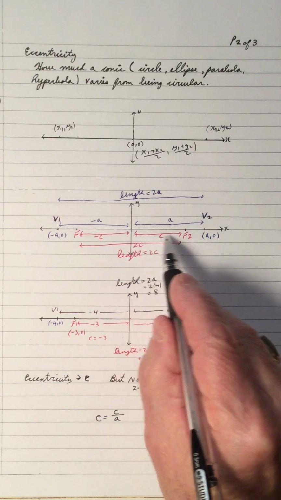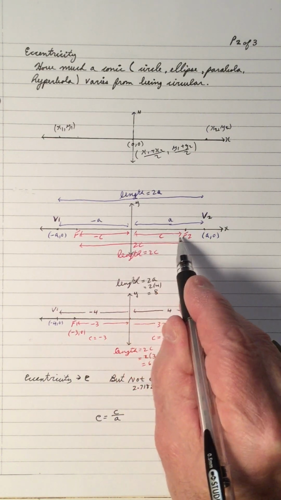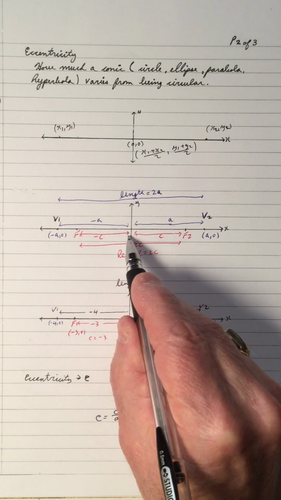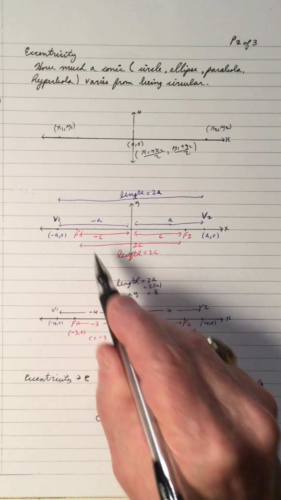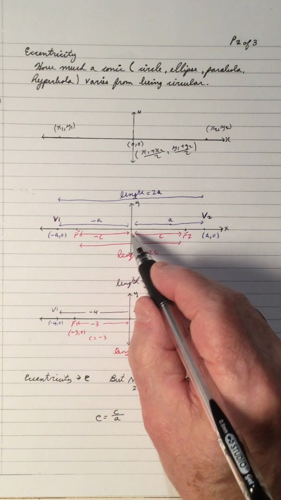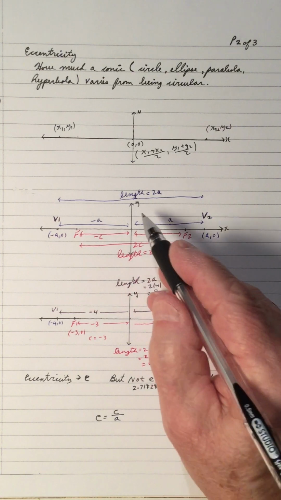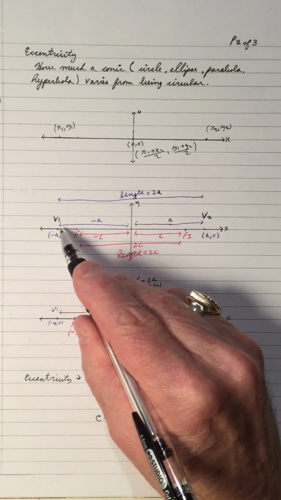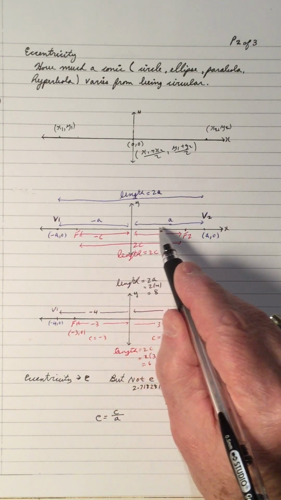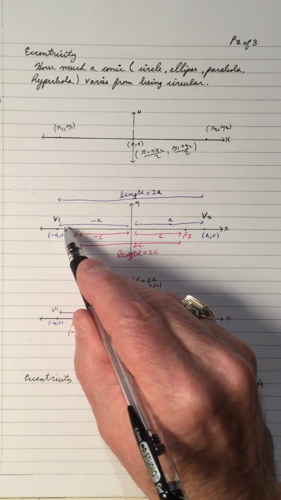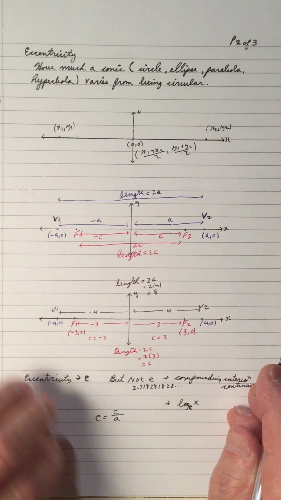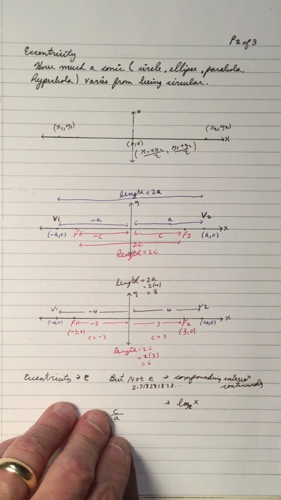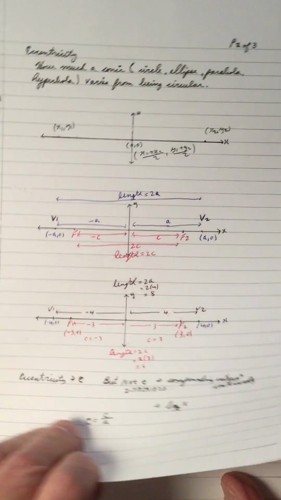So C is half of this distance. From the center to this foci is C. The distance from here to here is C. So C is the distance from the center to a foci. A is the distance from the center to a vertex. So this distance is A, this distance is A. So let's continue. Now I'm going to do more.